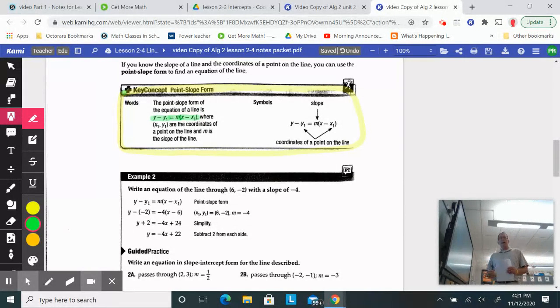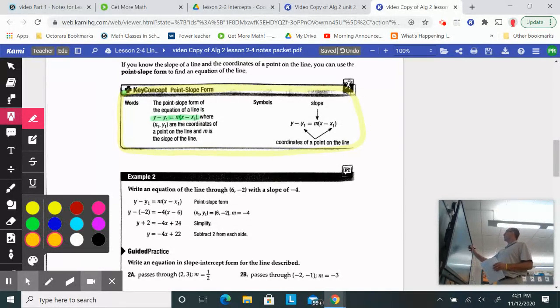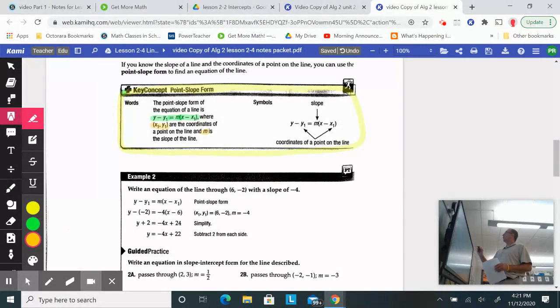Now this is most valuable. This one is used most often when you already know the slope and you know one point. It's easy then to substitute those in and write your equation. So if you know the slope and you know one point, you can put the coordinates in there, and you have this form of a linear equation called point slope form.